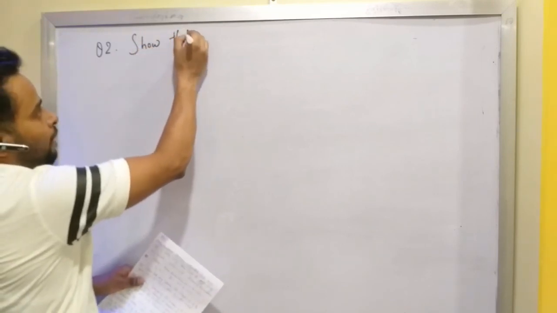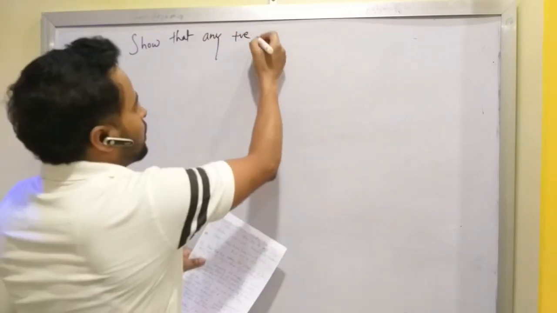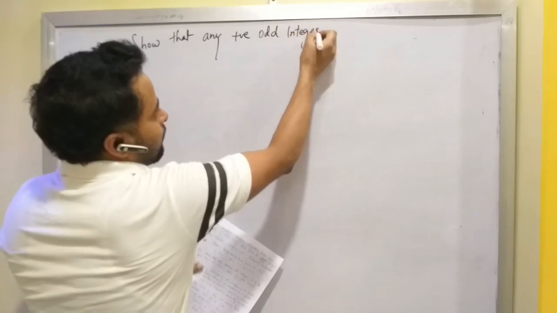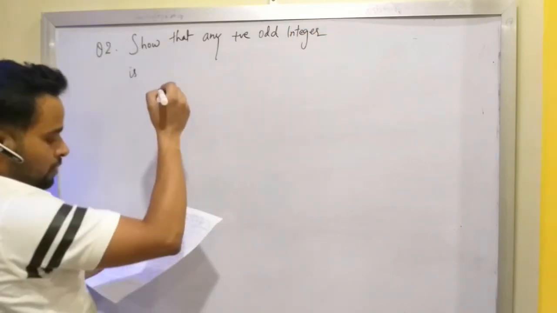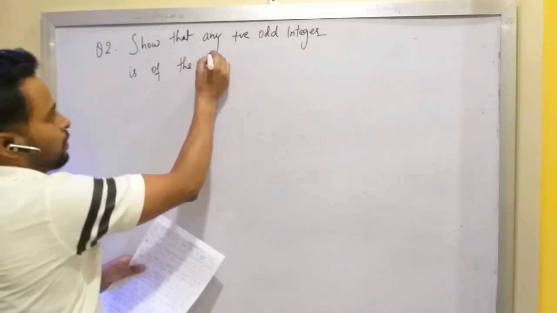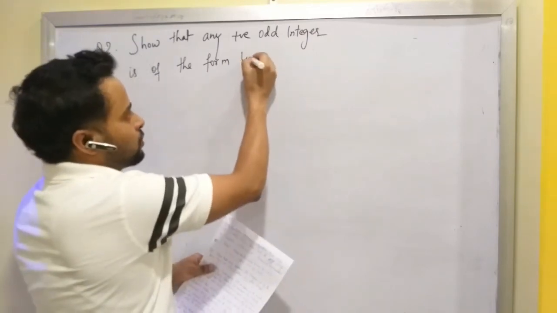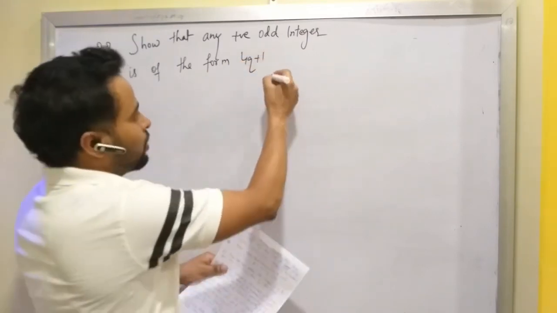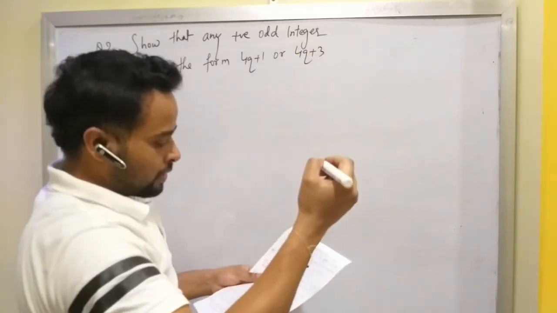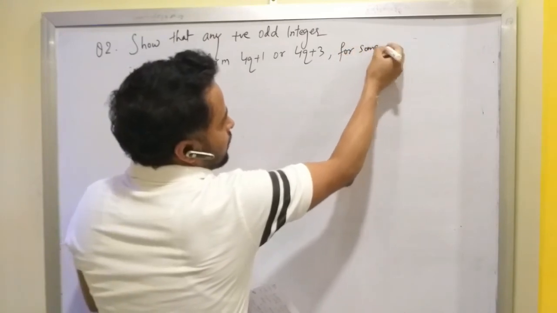Show that any positive odd integer is of the form 4q plus 1 or 4q plus 3 for some integer q.